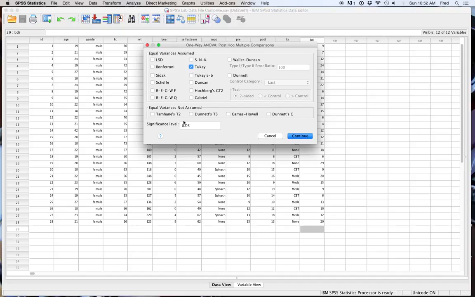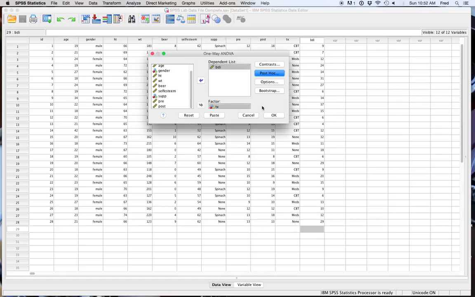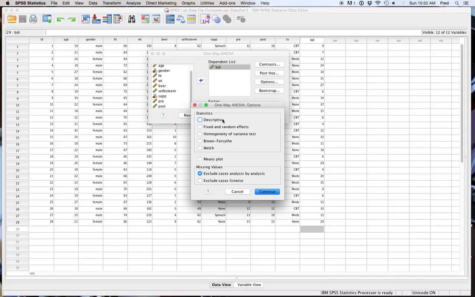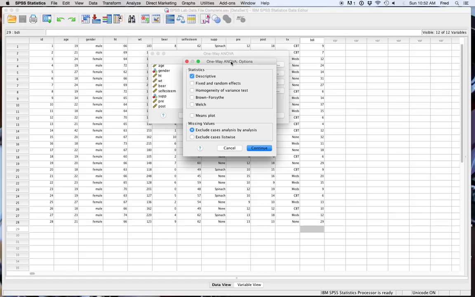Our significance level is 0.05. I can click continue. And now for options, there are some options that I tend to like to click. For example, I want it to give me a table of descriptive statistics for each of the groups, not just the whole experiment as a whole, but just each group separately. I also want to test for that homogeneity of variance.